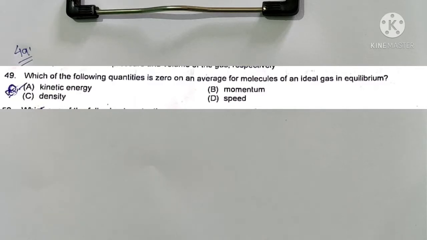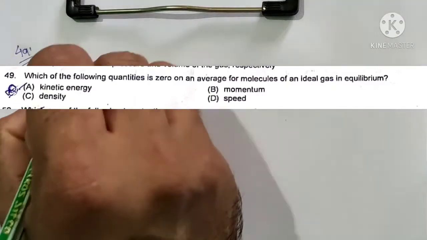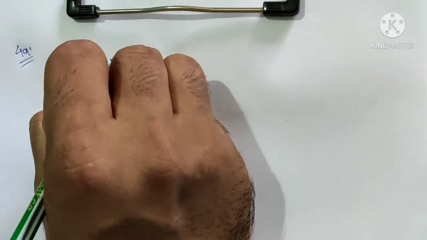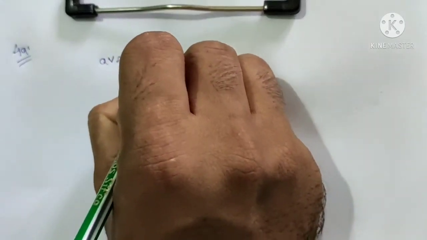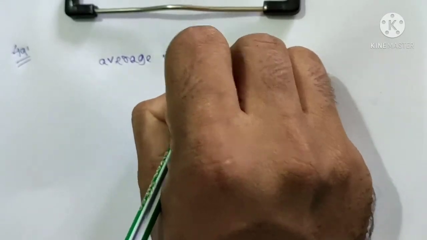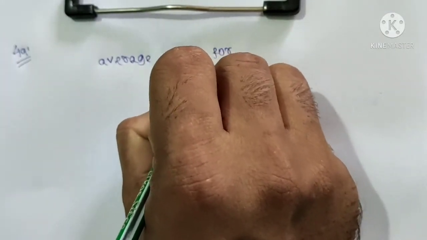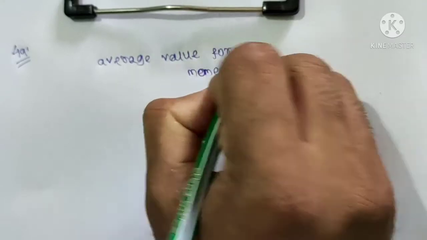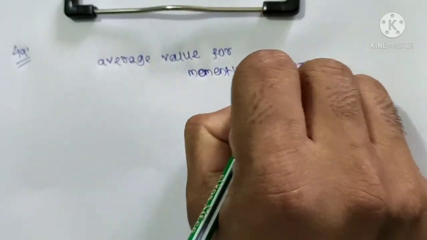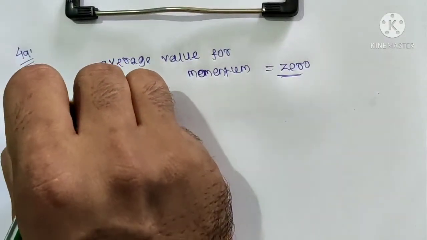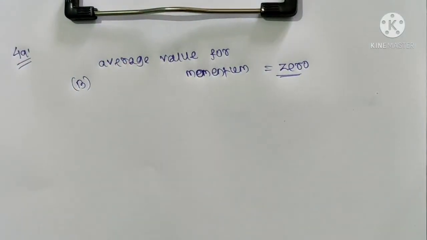So if you calculate the average of this momentum, you will find zero. As it is a vector quantity, it will have positive values and negative values. So the average value for momentum will be 0. So your correct option is option B for molecules of an ideal gas, okay, as they are moving randomly in all directions.